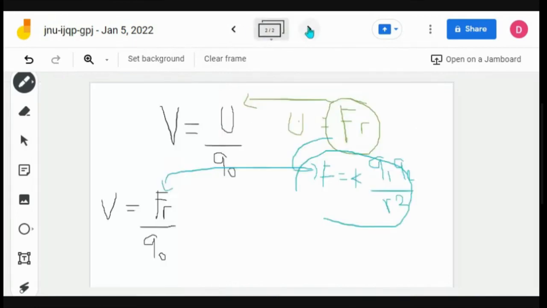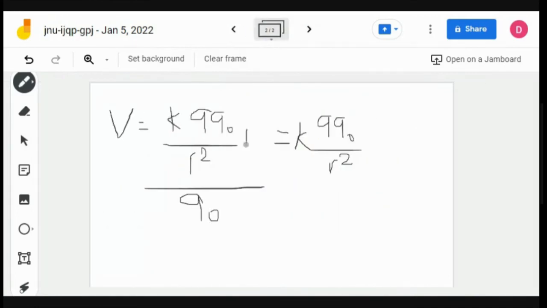Okay, we still lack one R here. We have R times R times 1 all over Q naught.